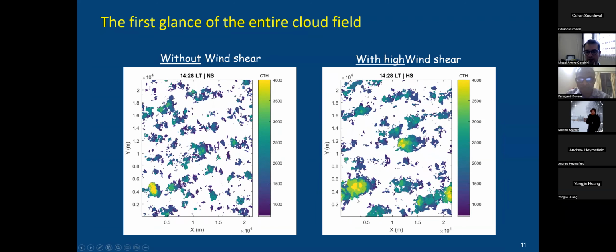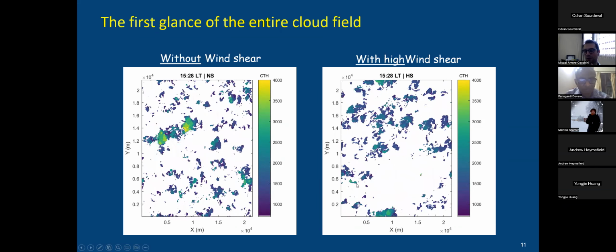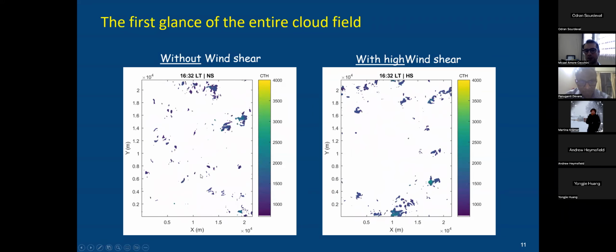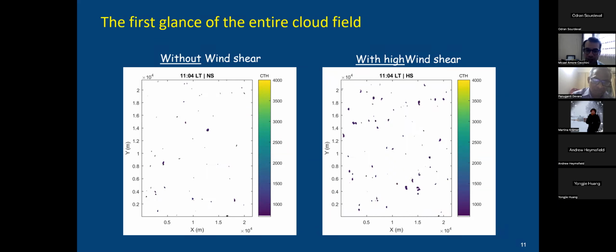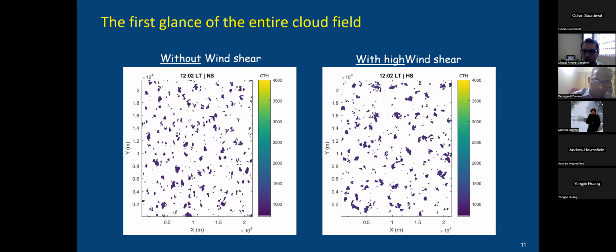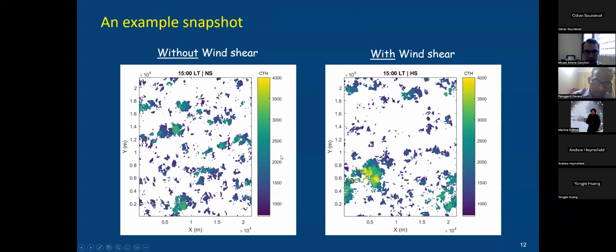But you'll see here on the bottom left of the high shear case, a deep cloud developed, and no deep cloud developed in the no shear case. So this gave me the idea of competing effects: even though wind shear can help dilute clouds, it can also help promote deeper clouds, but we will get into more detail.